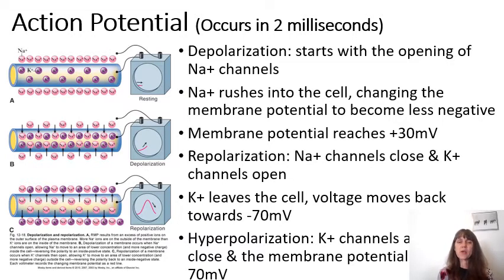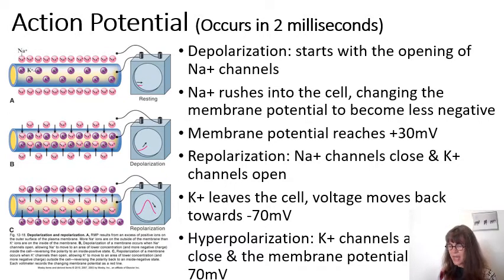Depolarization starts with the opening of sodium channels with stimulus, allowing sodium to come in. However, once threshold is reached, sodium voltage-gated channels open and sodium rushes into the cell, changing the membrane potential, making it less negative. When the membrane potential reaches positive 30 millivolts, sodium voltage-gated channels close and potassium voltage-gated channels open.